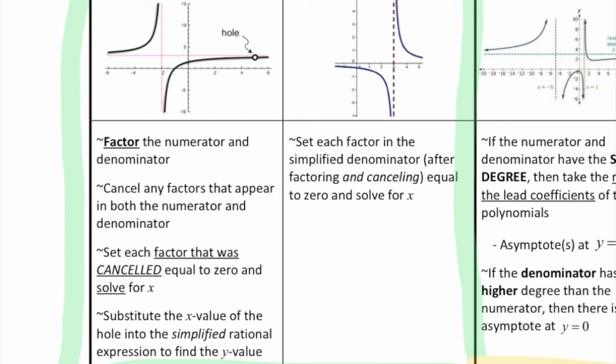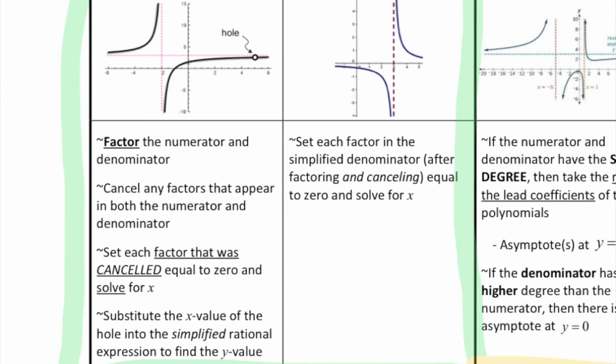If you turn the page back to the problem we did, example 7, letter B, one of the factors was going to cancel, but that doesn't change the domain. It just means that that's a hole and not an asymptote, but it's still an x value that's not in the domain. You can tell that something's a hole based on whether a factor cancels.